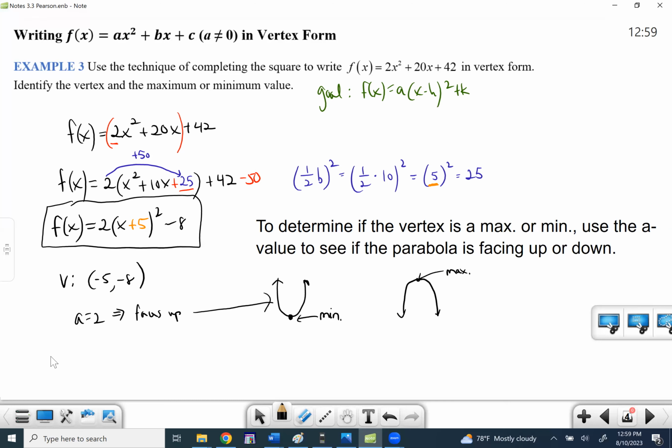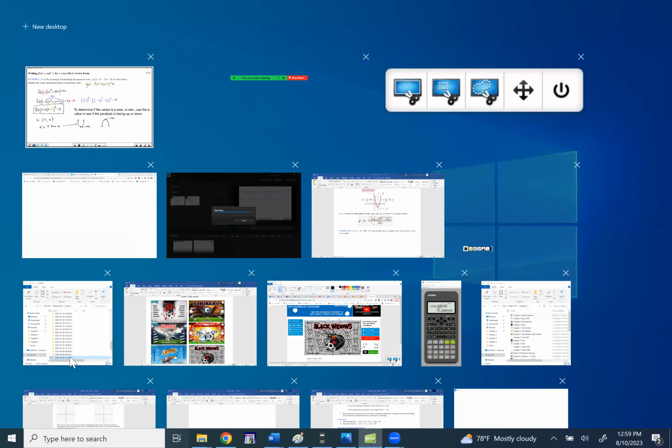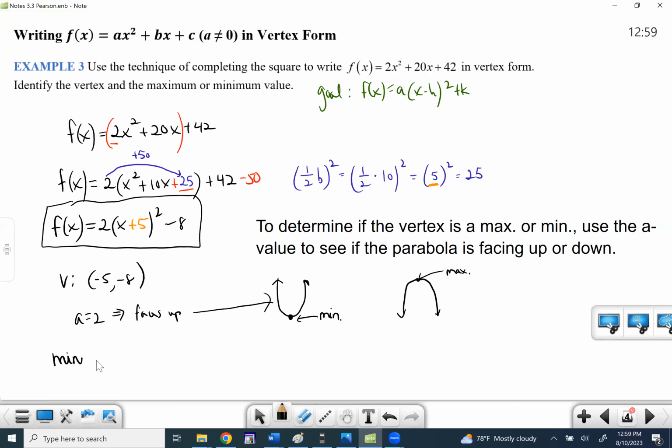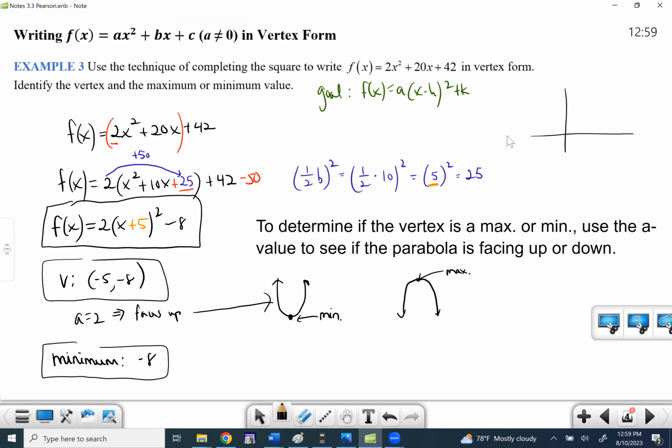Now the minimum value isn't the vertex itself. The minimum value is going to be the y value of the vertex, okay? And we'll do a sketch of the graph at least so you guys can see, okay? Here's my sketch over here. We have our vertex, -5, -8, right? So let's say this is -5, and let's say this is -8.